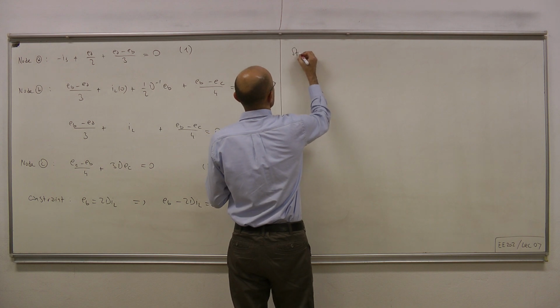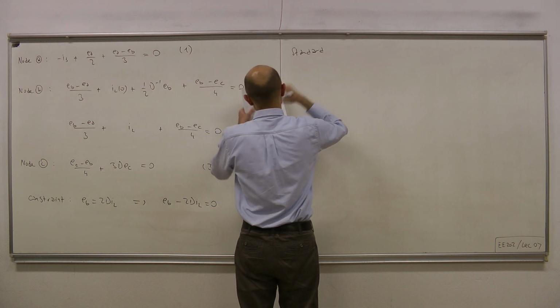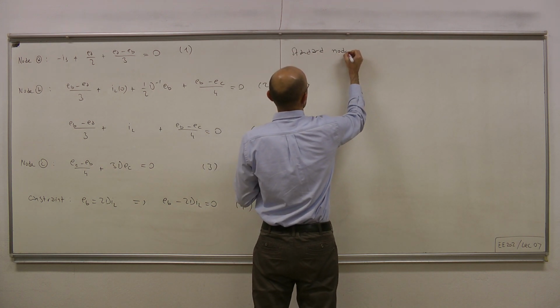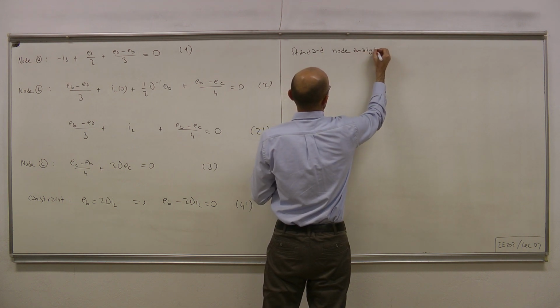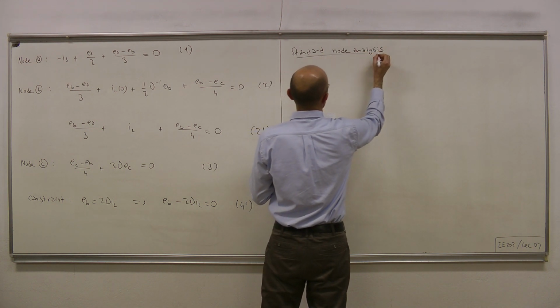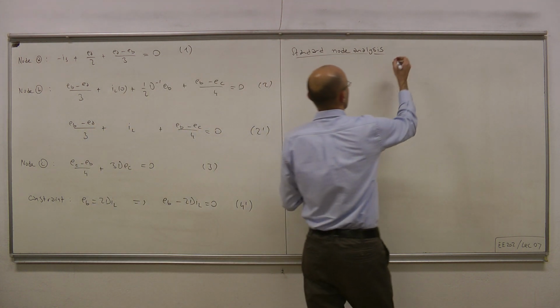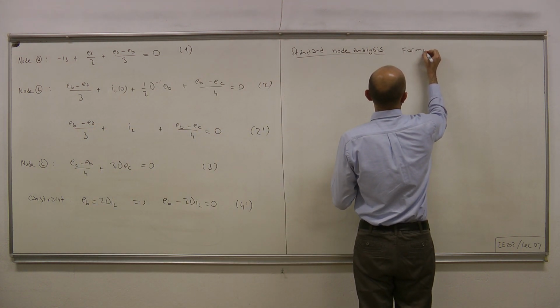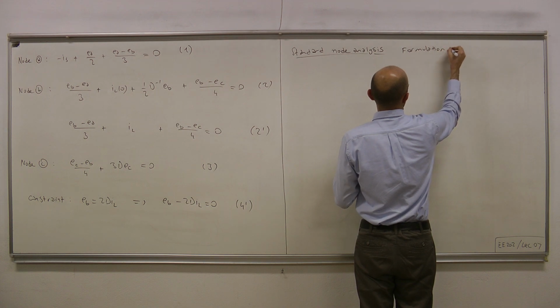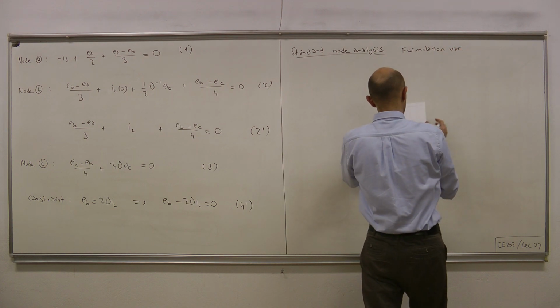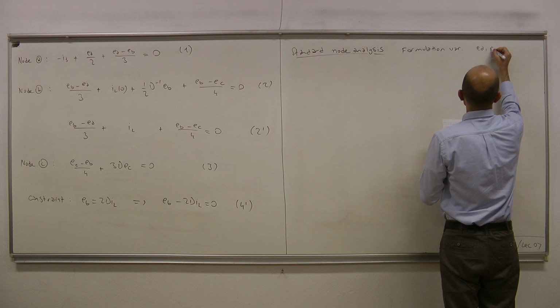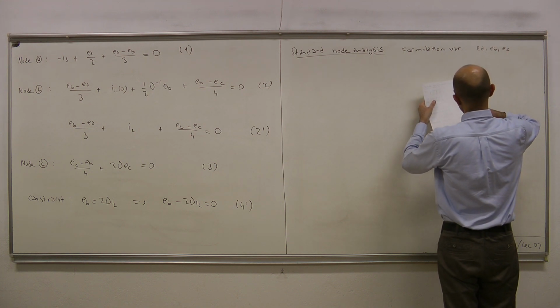So this is the classic or standard node analysis. What we have is formulation variables are EA, EB, and EC.